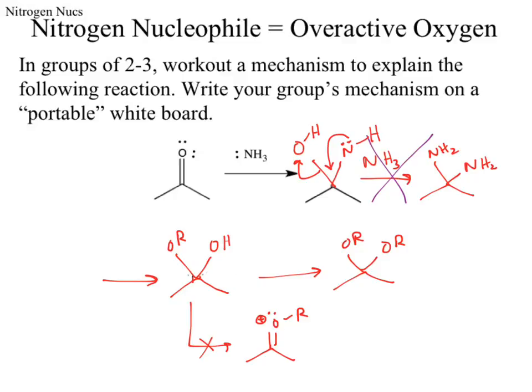With a partial positive on the carbon, nitrogen attached is less positive, so we get less likely to have a second nucleophilic attack. So we end up stalling at the carbonyl equivalent, at the imine. Kind of a neat little system.